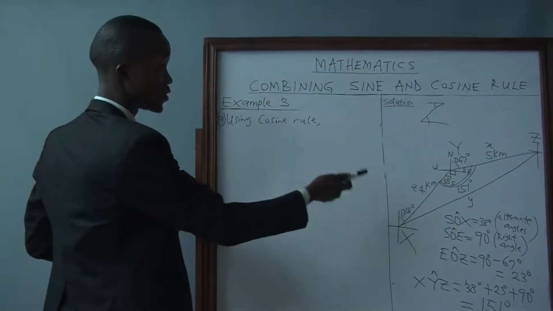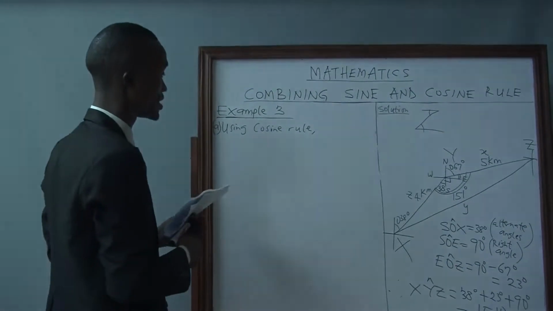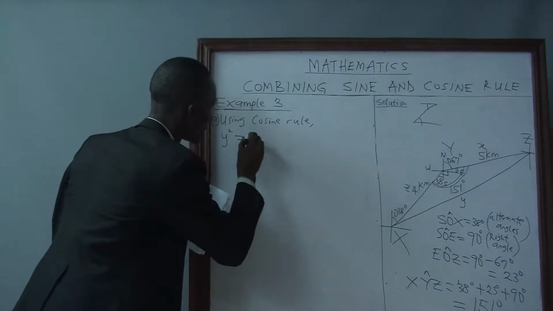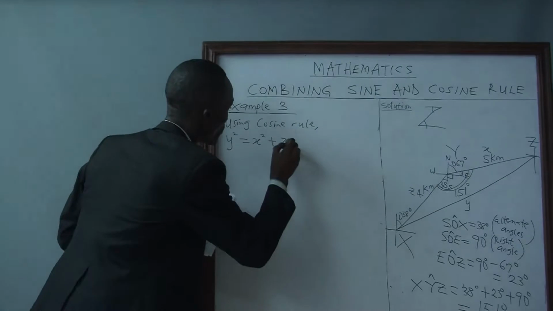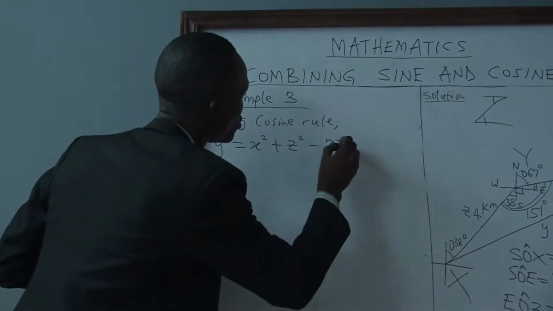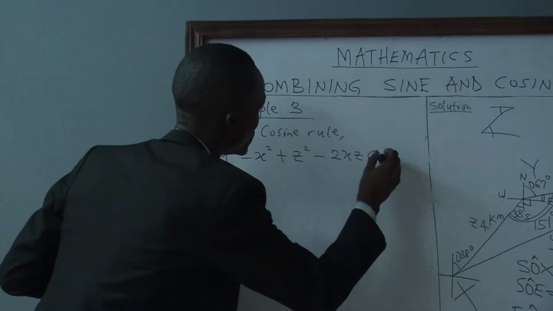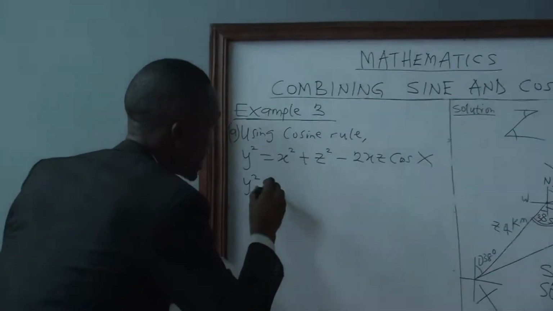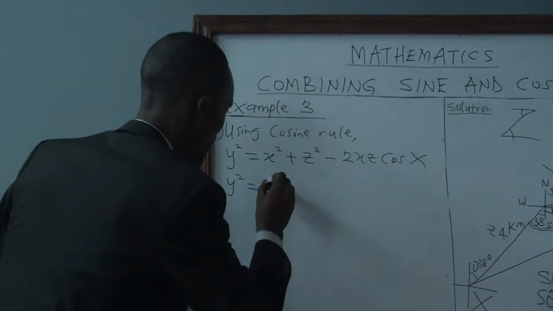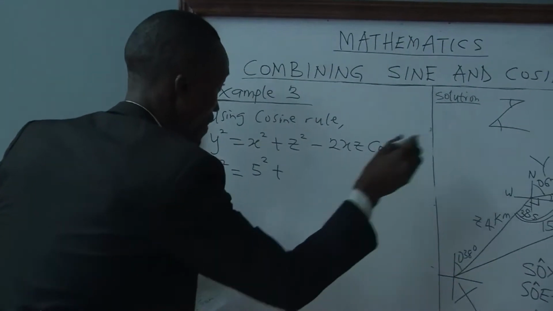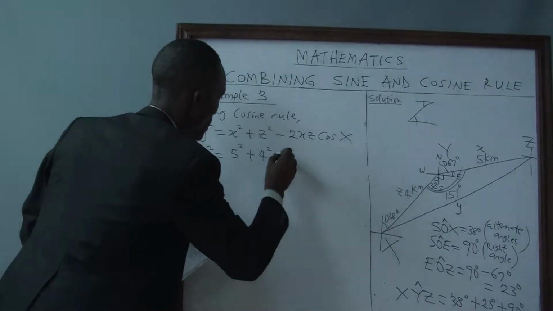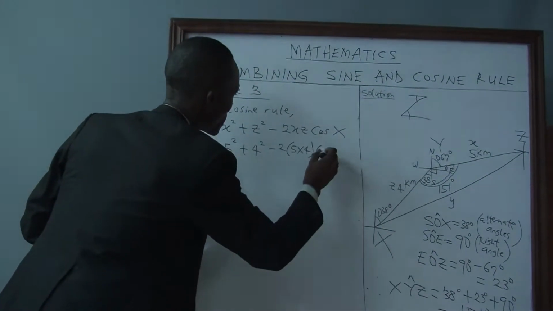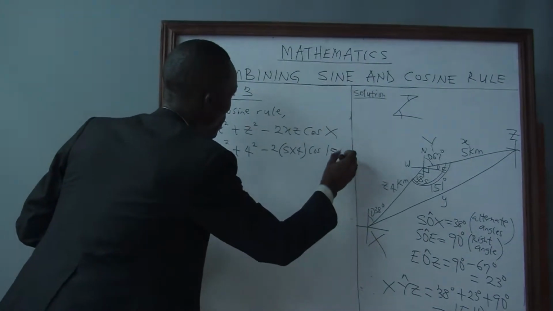So for the distance of the ship from the starting point, we make use of the cosine rule, and it says y square is equal to x square plus z square minus 2xz cos Y. So we have y square; the value of x from there is 5 square, the value of z, that is 4 square, minus 2 into 5 times 4 then cos 151 degrees.